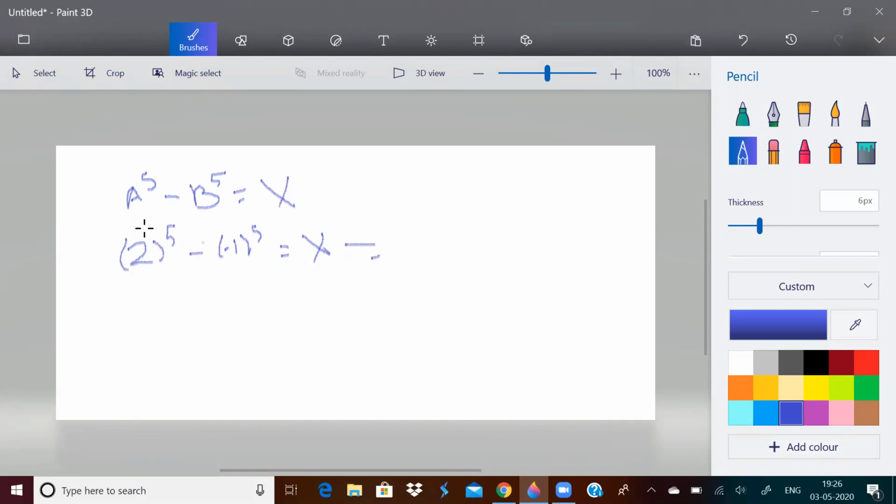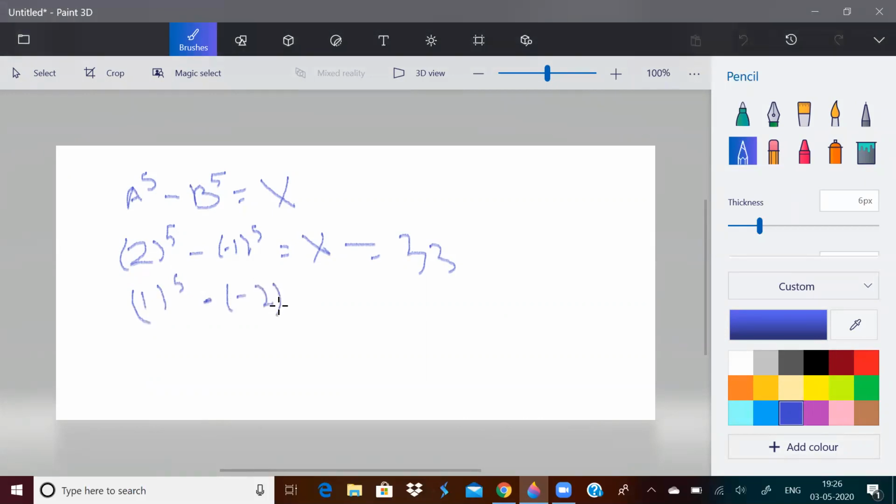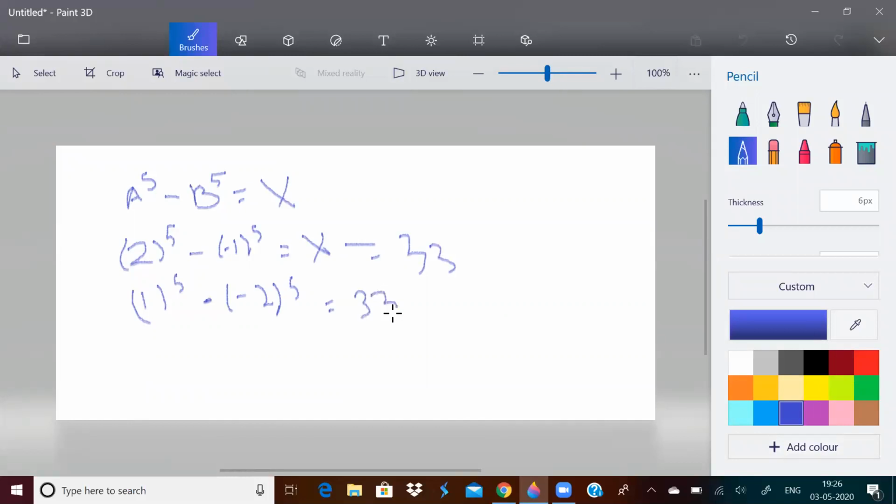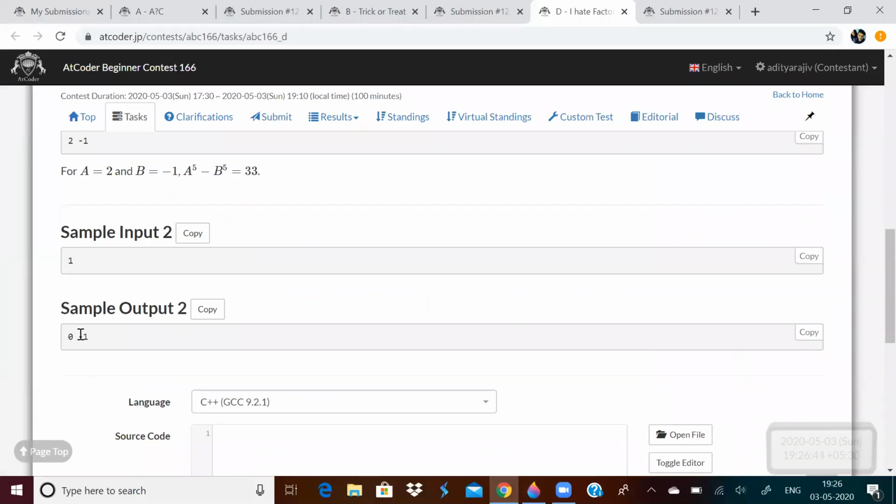We can also see that we get 1 power 5 minus minus 2 power 5, hmm, this also gives us 33. Let us look at the second example. If X is 1, it is very obvious it will be 1 and 0, or 0 and minus 1.